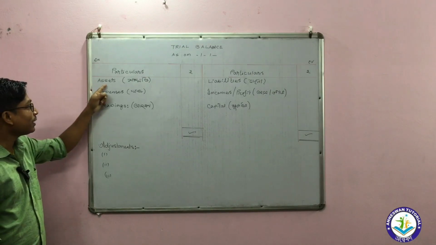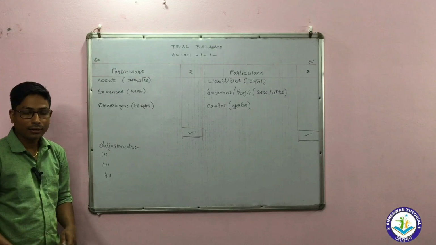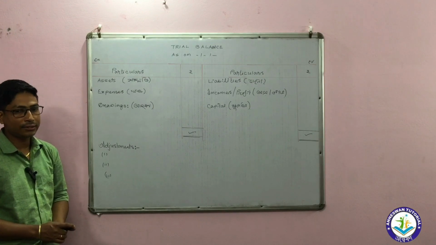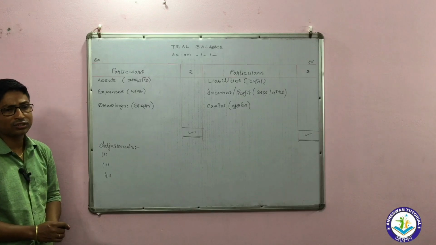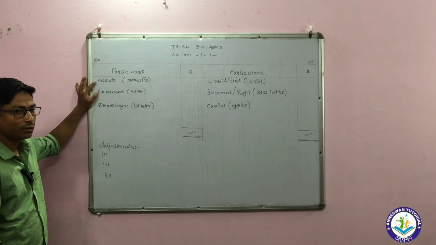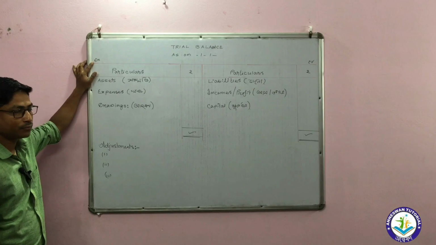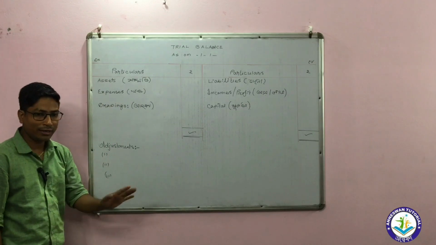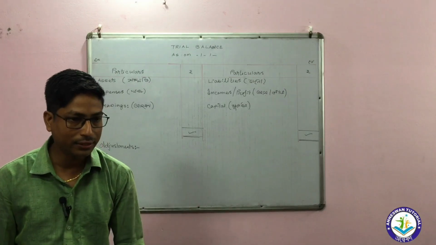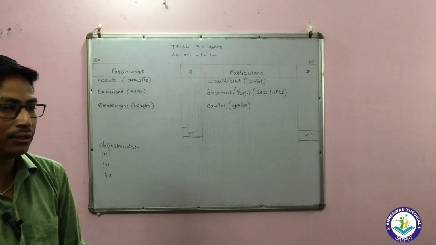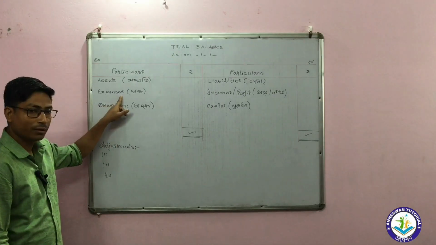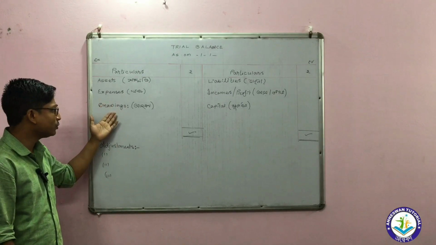Assets will not be written simply as assets; any kind of assets like land and building, plant and machinery, cash in hand, cash at bank, debtors, bills receivable will be given on the debit side of the trial balance.